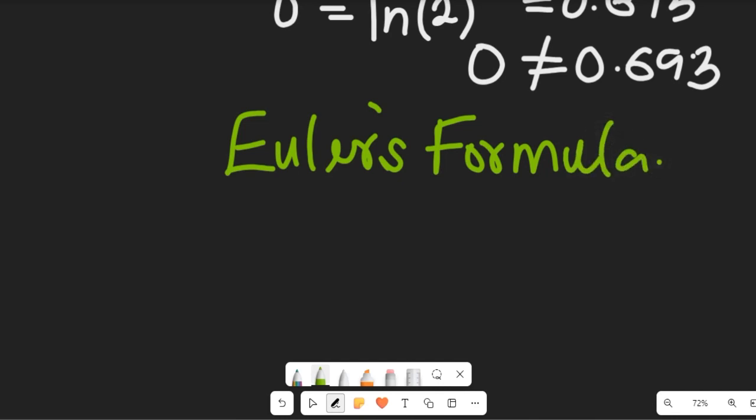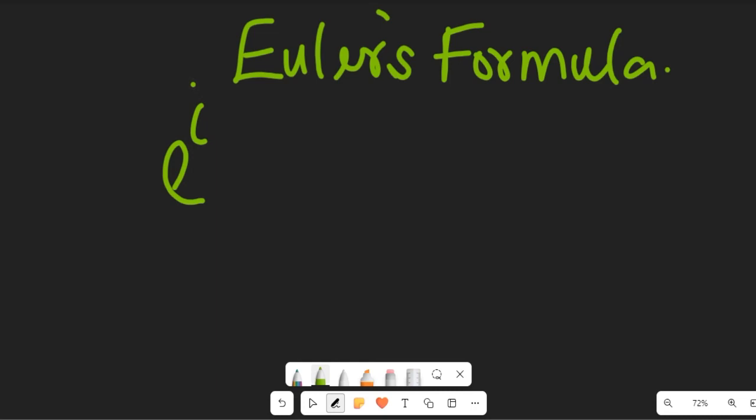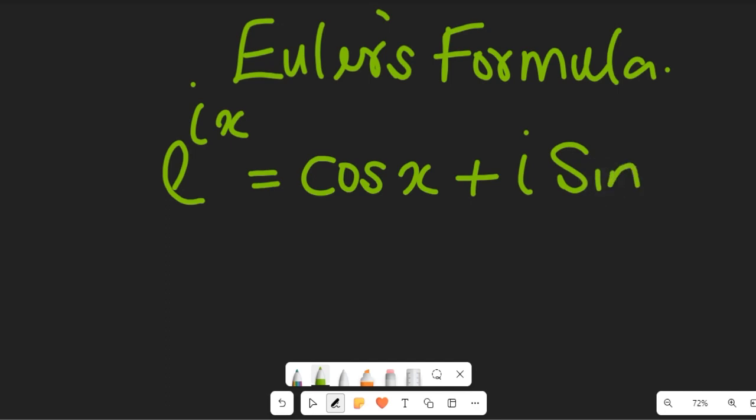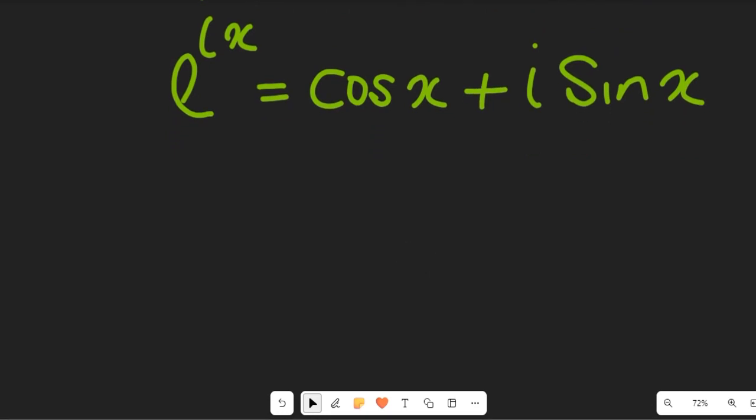Euler's formula states that e to the power of ix can be equal to the cos of x plus the imaginary i times sine of x.